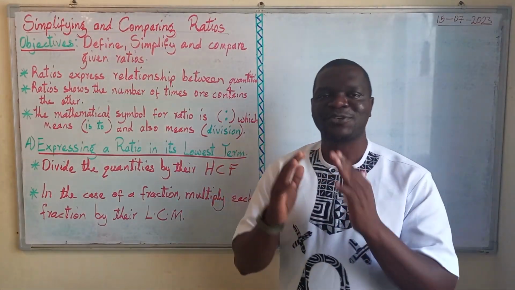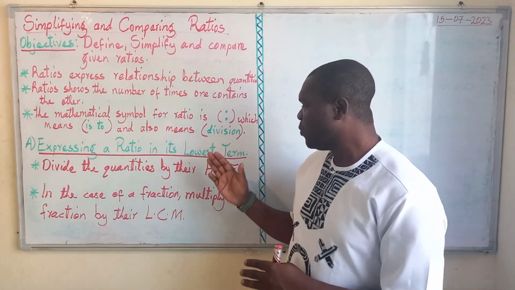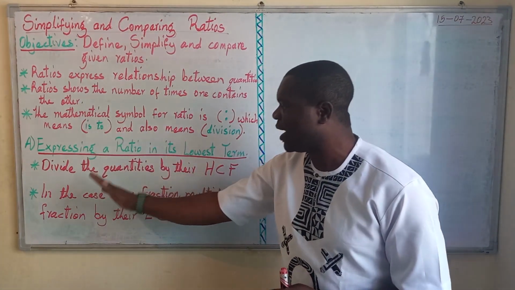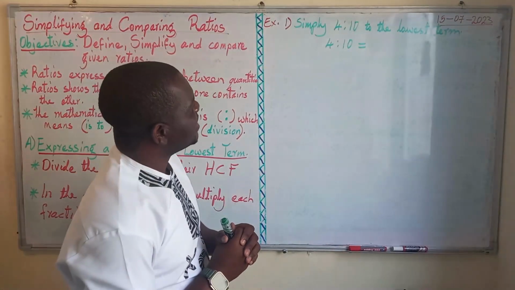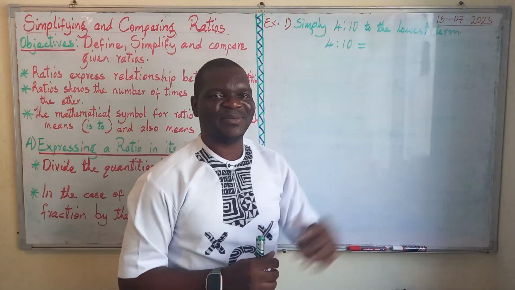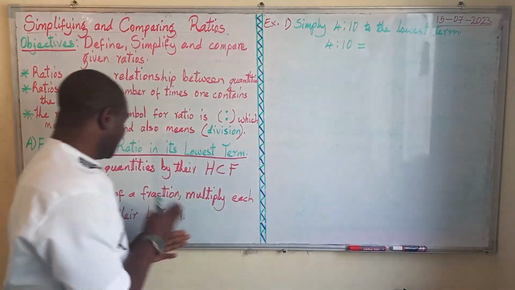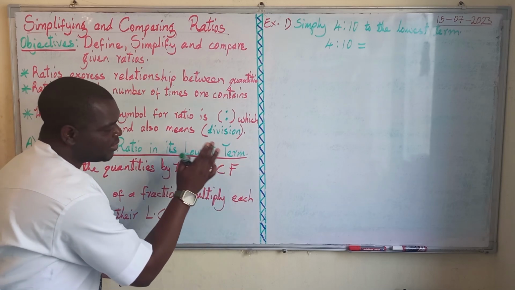Let us now solve some practical examples and see how exactly we can simplify a ratio to its lowest term. Here is our first example: simplify 4:10 to the lowest term. As we have mentioned, divide the quantities by the highest common factor.